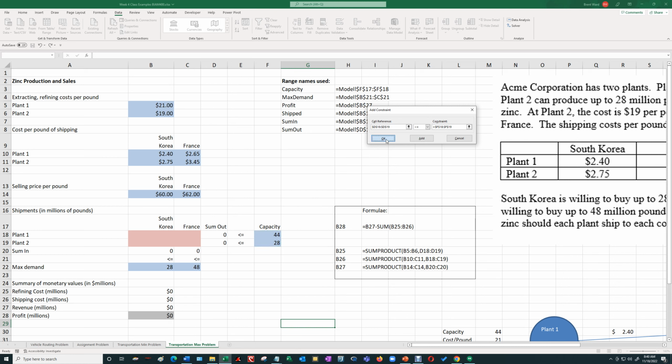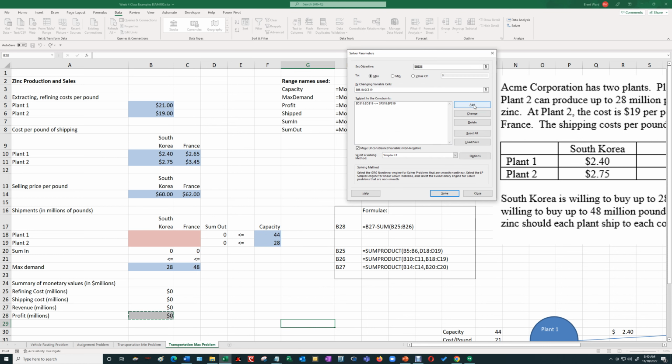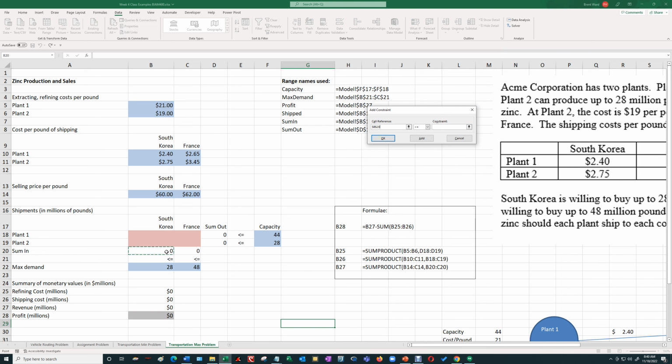Add that with OK. And then we want to add these two values must be less than or equal to these two values. So actually, let me get this right. Solver, add. B20 and C20 must be less than or equal to these demand figures, B22 and C22. Click on OK.